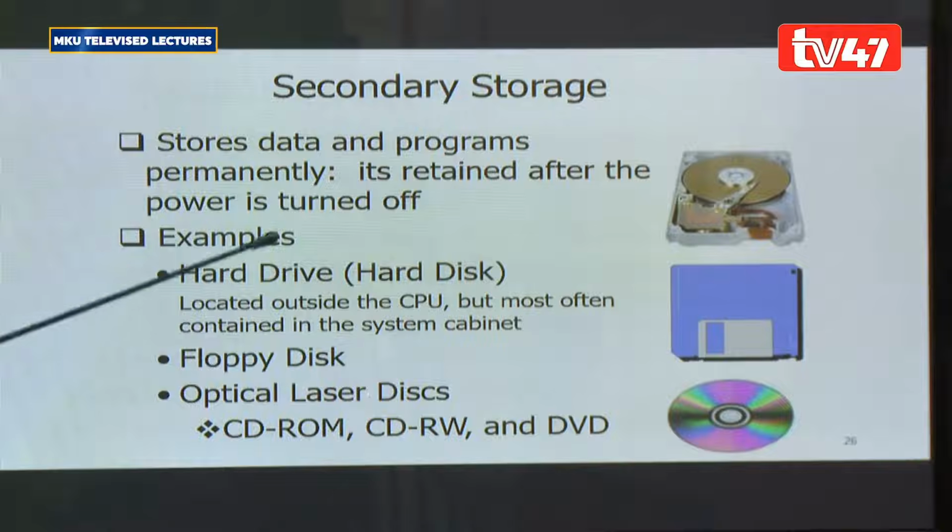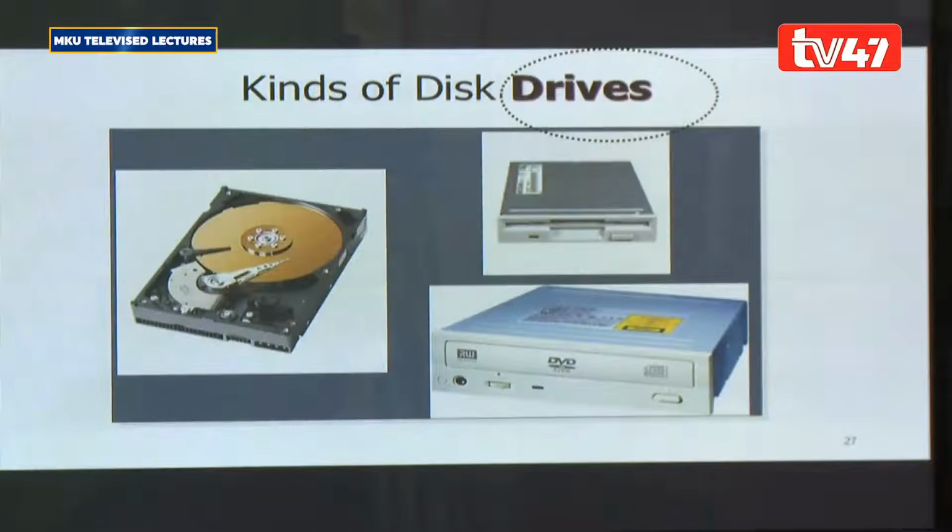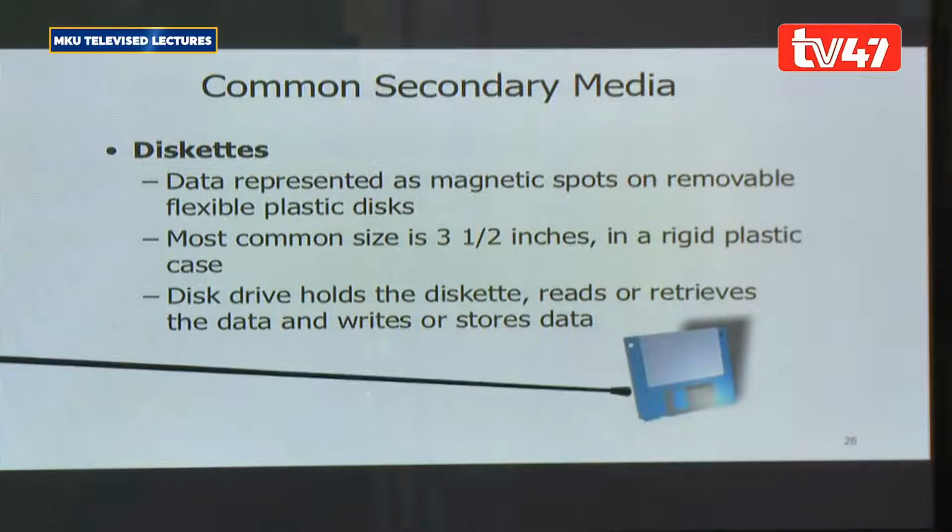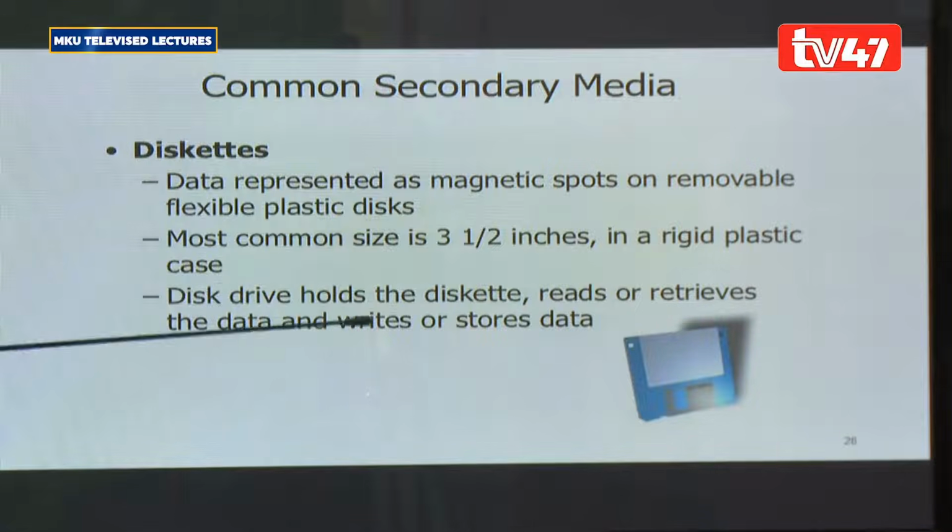Remember that once the power is turned off, your information is stored either in a hard disk, a floppy disk, a CD, and for some other cases we have diskettes. We can have a pictorial look at examples of the drives. We have the DVDs, we have the diskettes. But these days the diskettes are becoming obsolete.